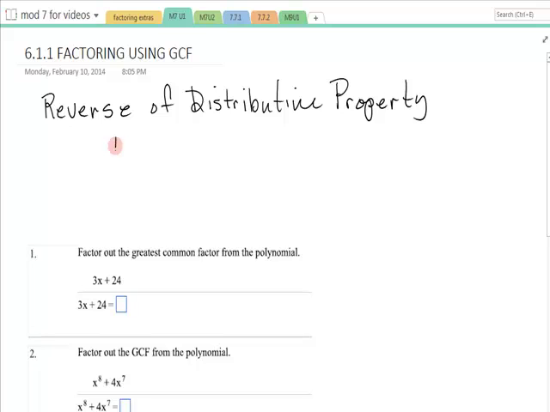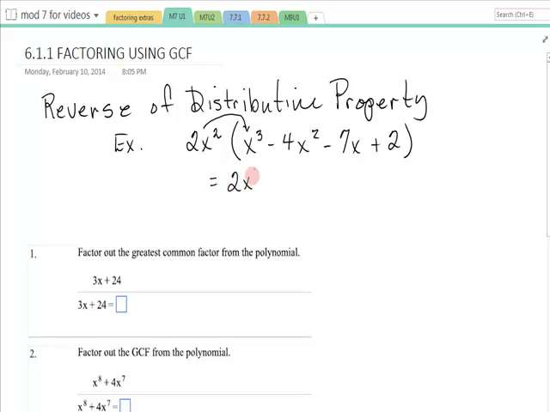And I hope you remember that if you had, say, 2x squared and you multiplied it by x to the third minus 4x squared minus 7x plus 2, and you use the distributive property, 2x squared times x to the third, you would use the product rule, add the exponents for 2x to the fifth. 2x squared times negative 4x squared, that'll be negative 8x to the fourth, using that product rule that says add the exponents.